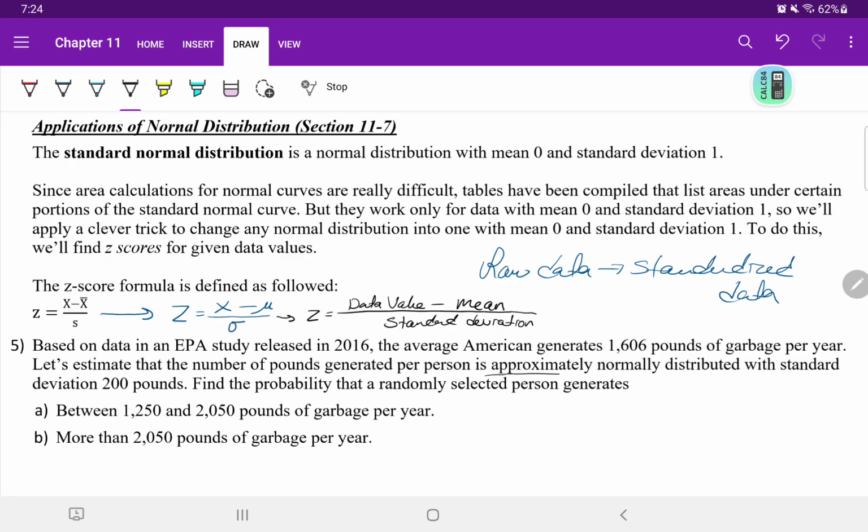So when you see normally distributed, we know bell-shaped curve with a standard deviation of 200 pounds. Find the probability that a randomly selected person generates A, between 1,250 pounds of garbage and 2,050 pounds of garbage per year. B, more than 2,050 pounds of garbage per year. All right, cool.